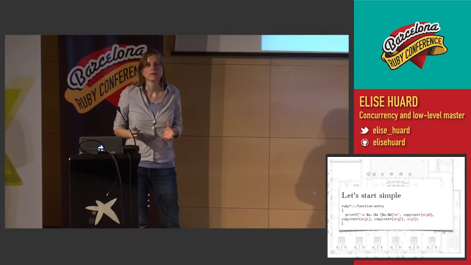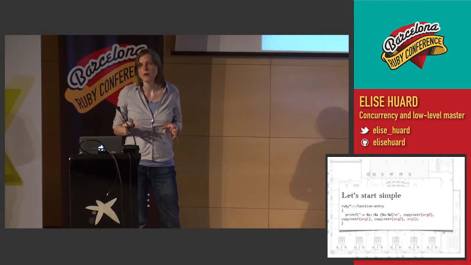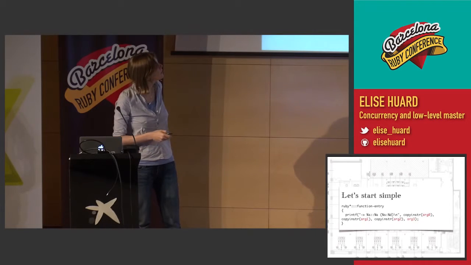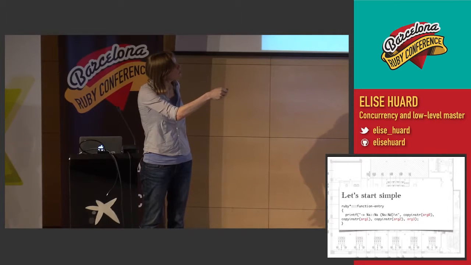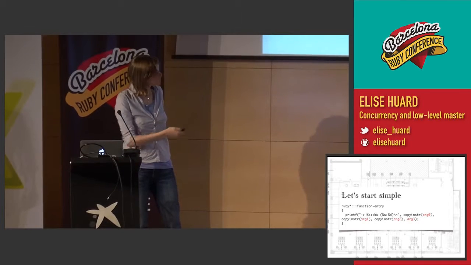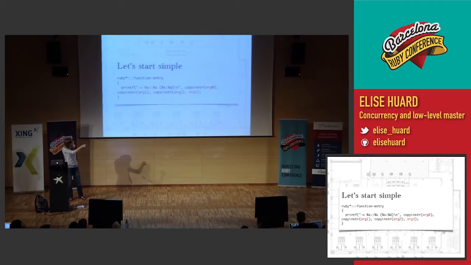So the D trace language has a number of subsets of C. So it has printf in this case. And I want to print those arguments that were passed into the event. So basically, to remind you, class name, method name, file name, and then the number of the line. These will be printed in this particular format.